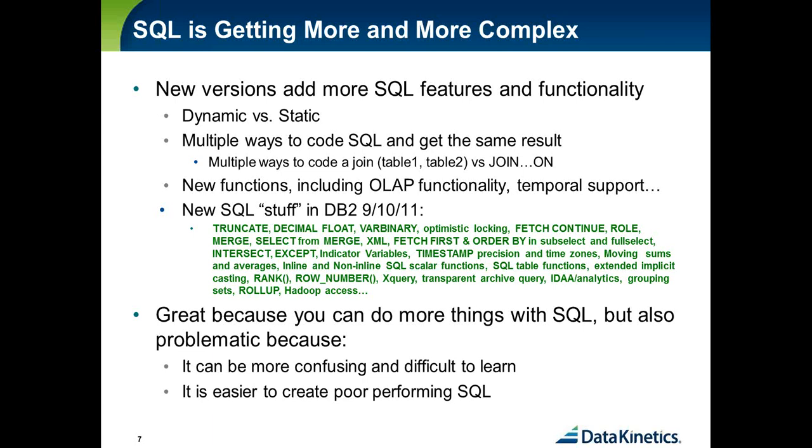And you can see some things here that may or may not look like things you've dealt with in the past. Have you done XML? XML putting into your SQL can make things very confusing. How about something like intersect or except? These are new verbs that were added to SQL a couple releases ago. Table functions, implicit casting, row numbers, transparent archive query, Hadoop access.